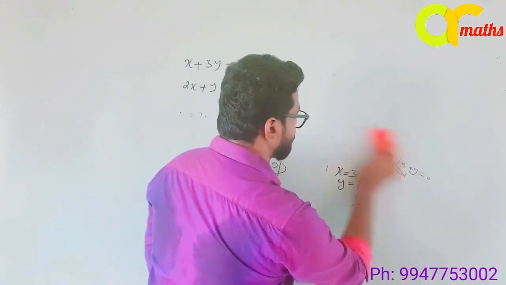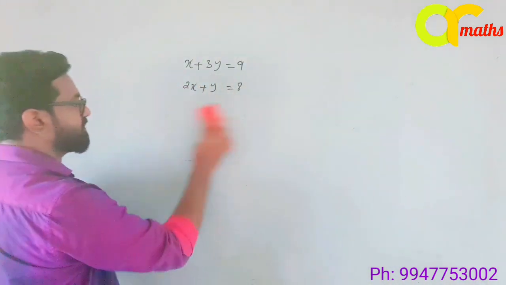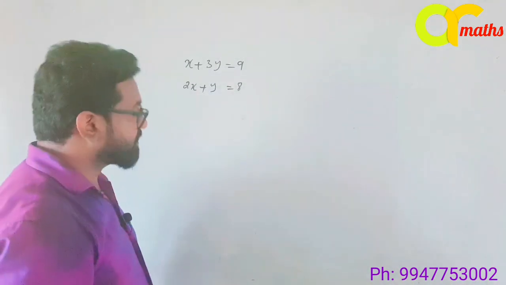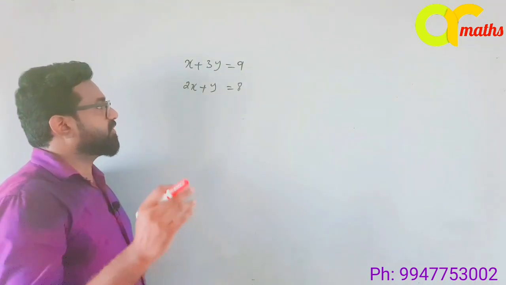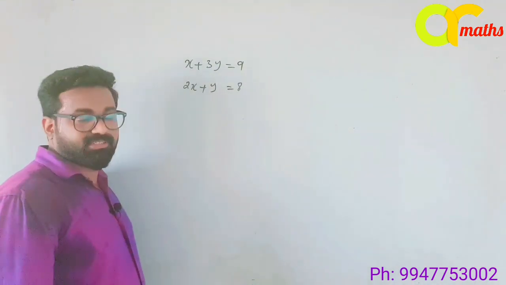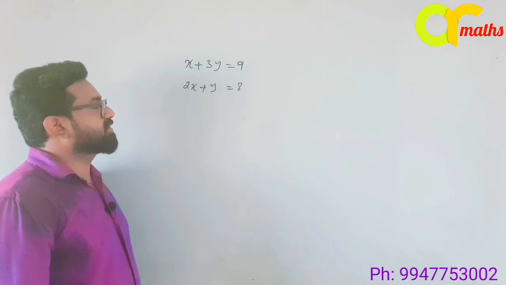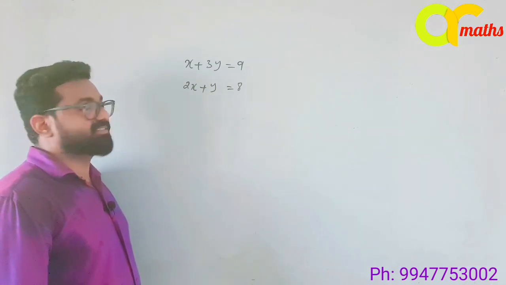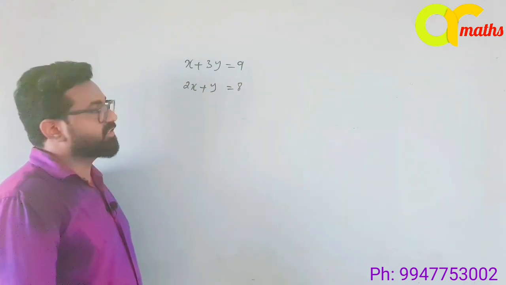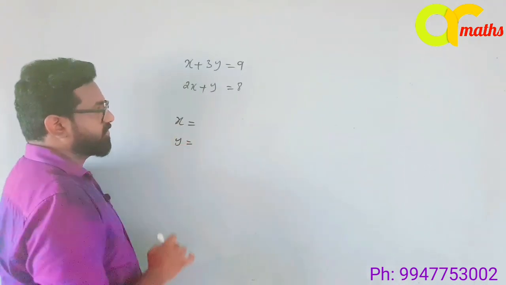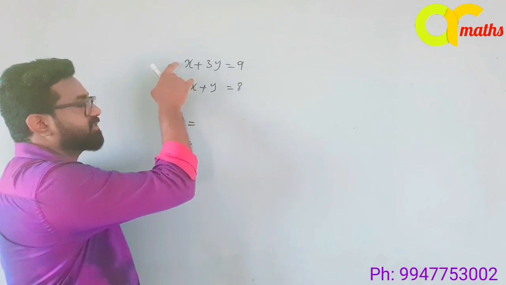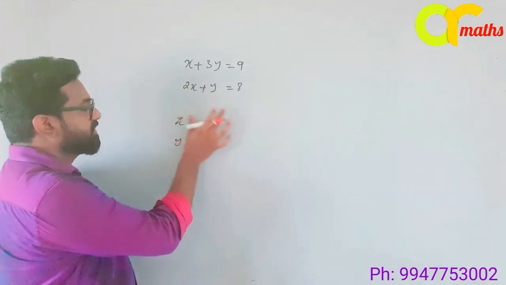How to find the solution of these 2 equations by substitution method? To solve 2 linear equations by substitution method, just find x or y. Find x equal to or y equal to from any equation, first equation or second equation.